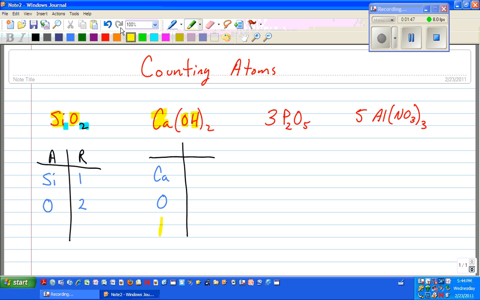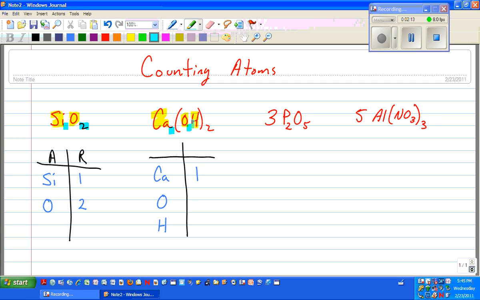Oxygen and hydrogen make up my hydroxide ion. Notice I am not going to leave that together. I'm going to break it up into its pieces. It's oxygen and it's hydrogen. To count the atoms, again, I'm going to take a look at the subscripts. Here, calcium has no subscript. So again, it's 1.